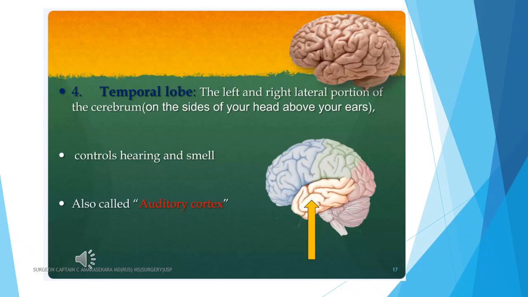If you get hippocampal sclerosis, you develop memory loss, complex partial seizures. Damage to the auditory cortex may cause cortical deafness or impaired sound localization.